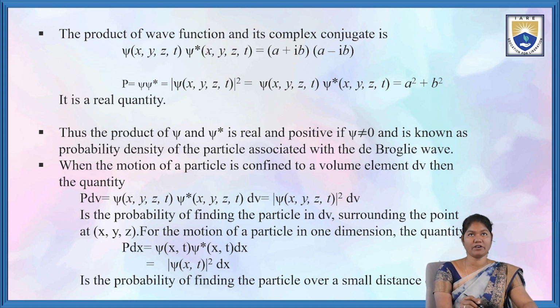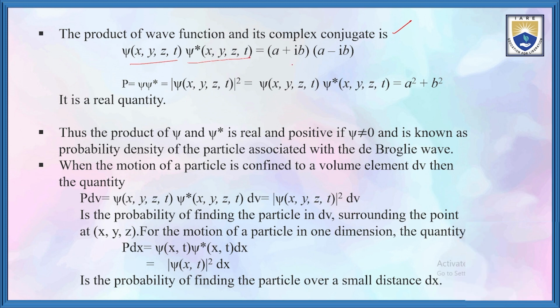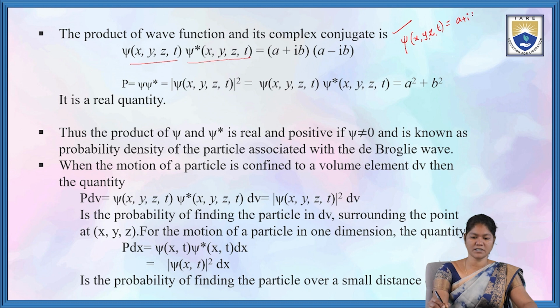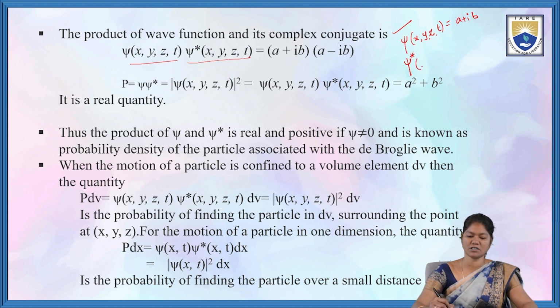The product of the wave function and its complex conjugate is psi of x, y, z, t into psi star of x, y, z, t, which equals a plus ib into a minus ib.